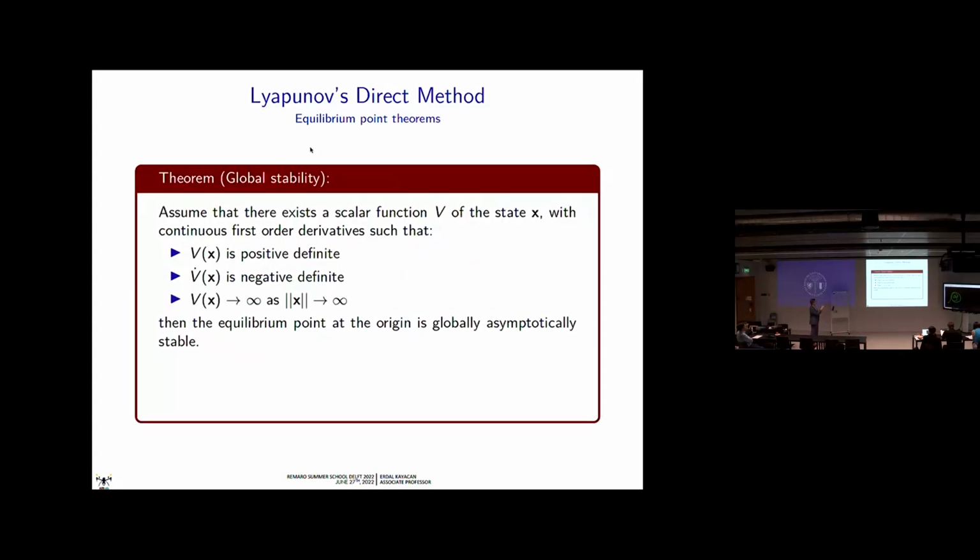Then I have another theorem for global stability. First, V is positive definite, V dot is negative definite. If V goes to infinity when the norm goes to infinity, then I can say it's globally asymptotically stable. So now I have made one more step: Lyapunov stable, asymptotically stable, globally asymptotically stable. So the third condition is that V should go to infinity as x goes to infinity.